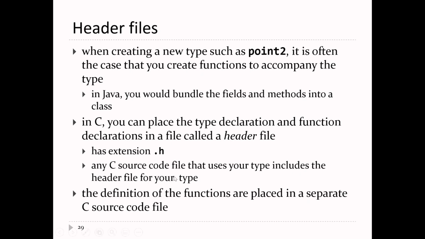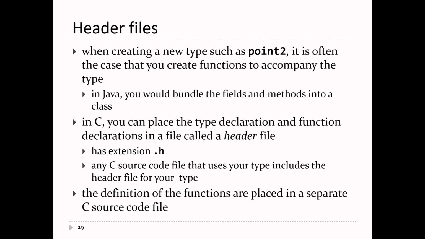Any C source code file that includes your header file can now use your type. So if I make a list.h that defines an array-based list type and all the functions that work on that list, then all someone has to do is include list.h in their program, and they can now use your list type.